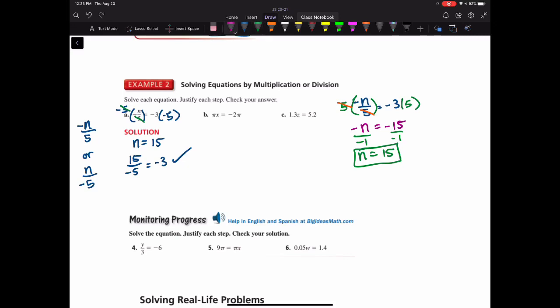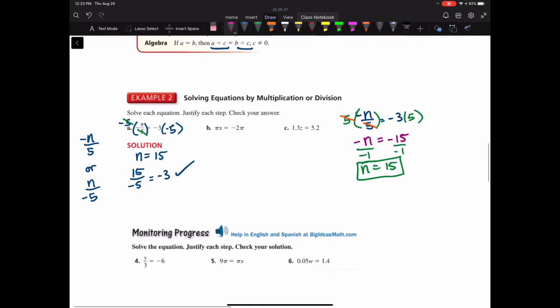Okay, so let's look at our next one. Don't freak out by this pi symbol. Pi is a number. It's approximately 3.14. So our unknown is x. And what operation are we to assume is between the pi and the x? Multiplication.